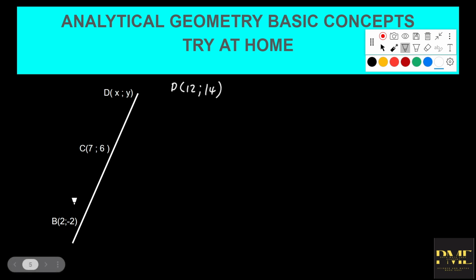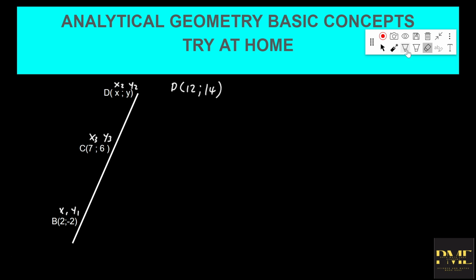Right guys, so for the first method we will try the speculation method, and then after that we will try the midpoint formula. So again we put x1 y1, x3 y3, then x2 y2, okay? The midpoint is not always in the middle, guys, but be flexible because these coordinates can be found at either end, okay? So let's start with speculation.